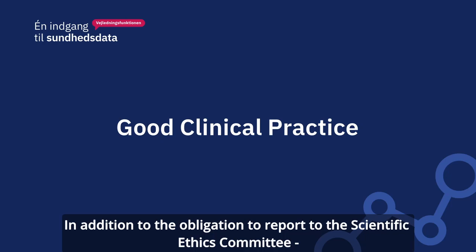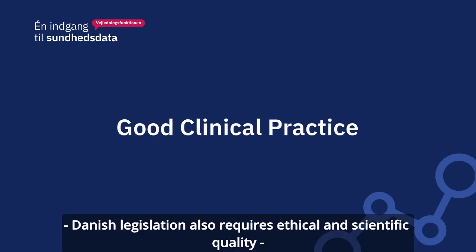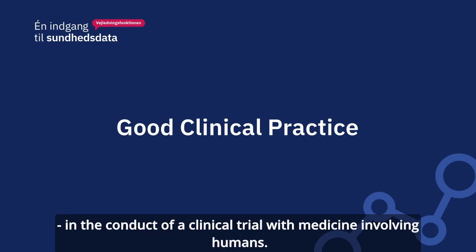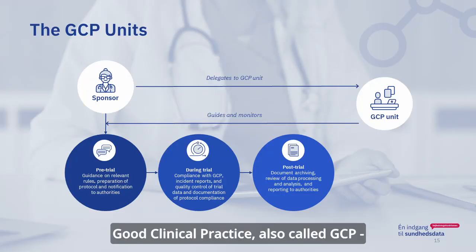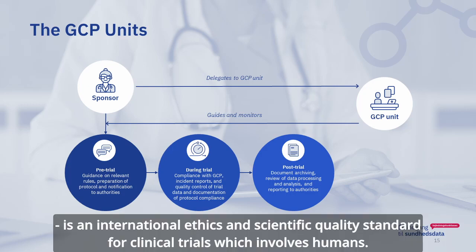In addition to the obligation to report to the Scientific Ethics Committee, Danish legislation also requires ethical and scientific quality in the conduct of a clinical trial with medicine involving humans. This is called good clinical practice. Good clinical practice, also called GCP, is an international ethics and scientific quality standard for clinical trials which involves humans.